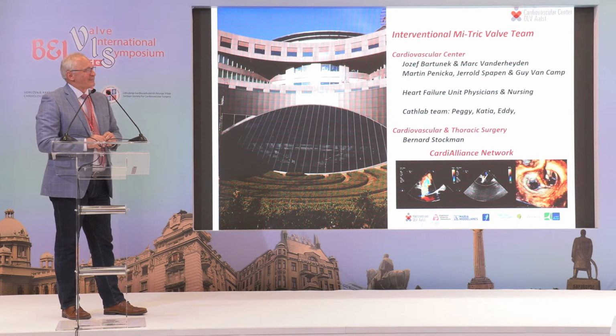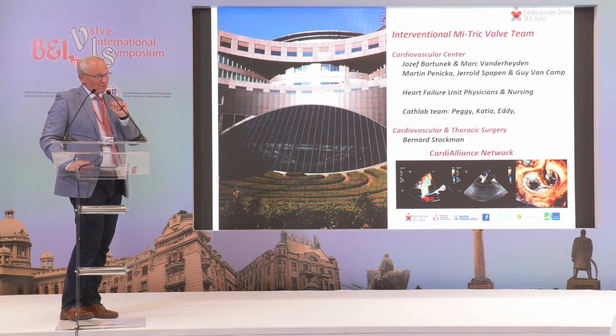The whole topic of ischemic or functional MR is based on papers with a very low level of evidence, and it is a huge problem. But from our experience, looking at our data sets on survivors and non-survivors, our non-survivors are mainly organic, older, much more remodeled with big atria, diabetics, and there we could not get sufficient MR reduction.